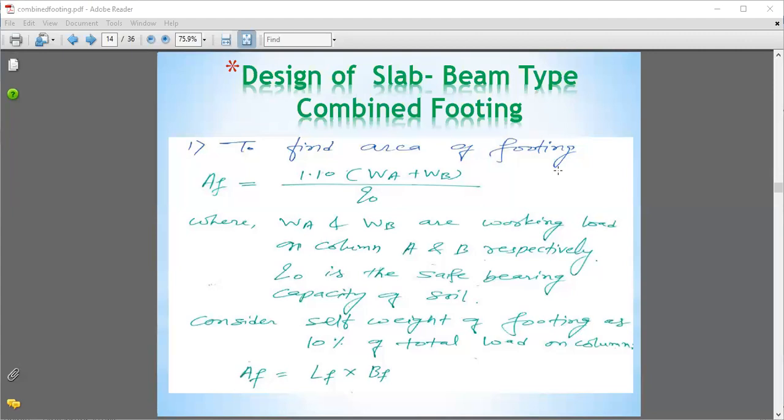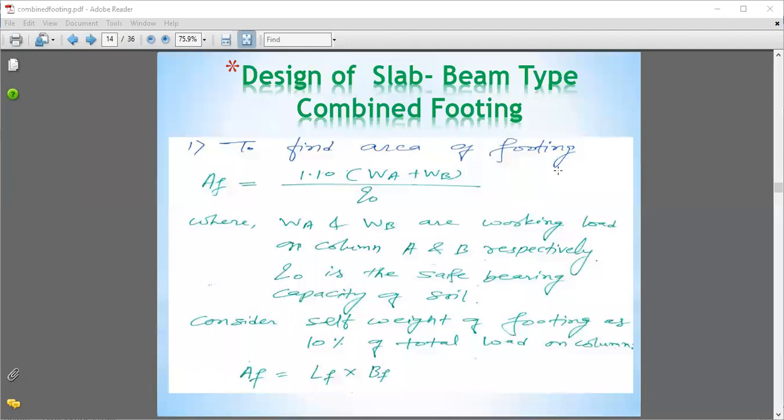Below this, write down: to find area of footing.